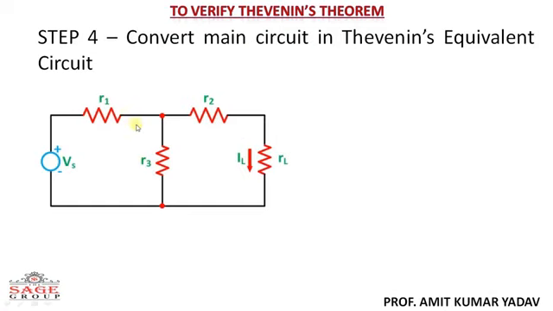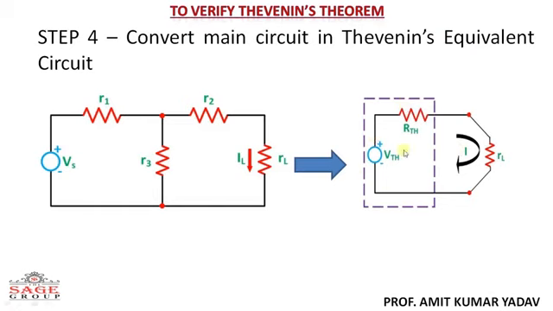But after using Thevenin theorem, you have just simplified this complicated circuit into a Thevenin equivalent circuit. And what is in the Thevenin equivalent circuit? You have a VTH and RTH, both connected in series, and this connection of RTH and VTH is connected across this load terminal RL.